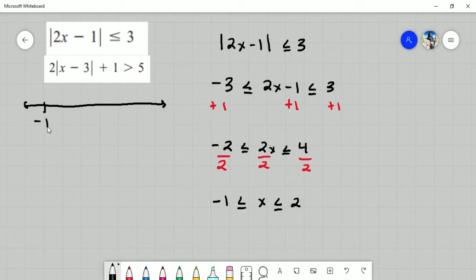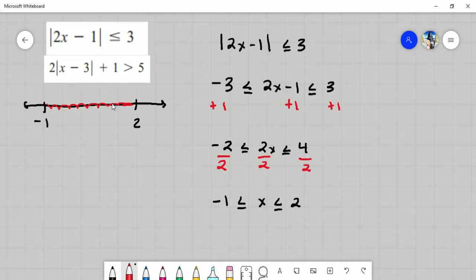So negative 1 somewhere here and 2 somewhere here. They're saying that x will be greater than or equal to negative 1, but less than or equal to 2. So that means our solution set will be equal to or in between the negative 1 and the 2.